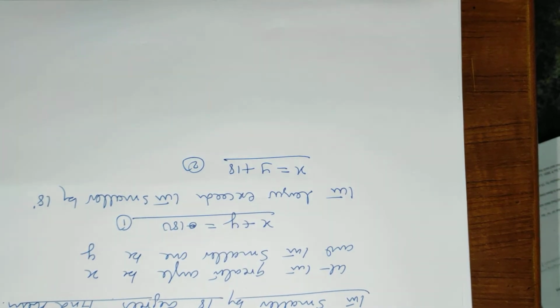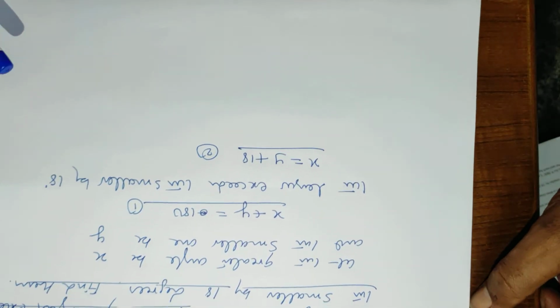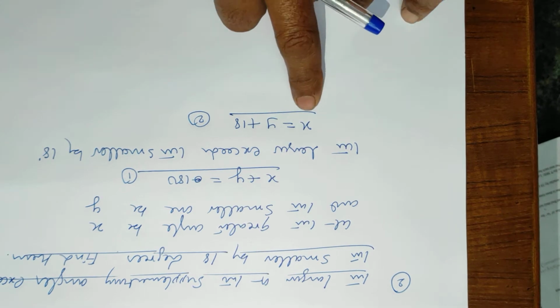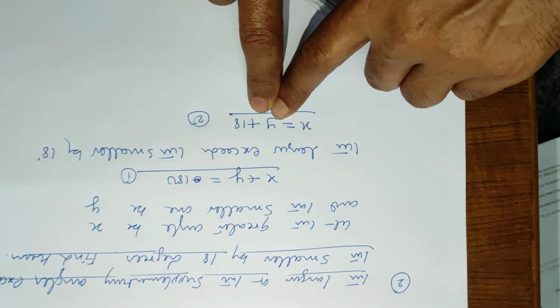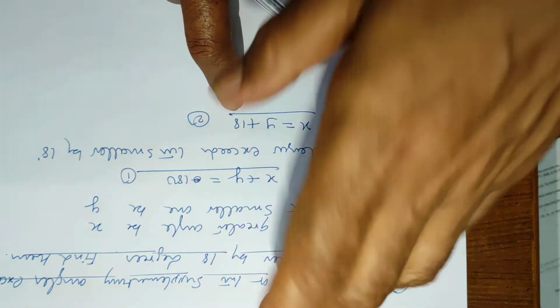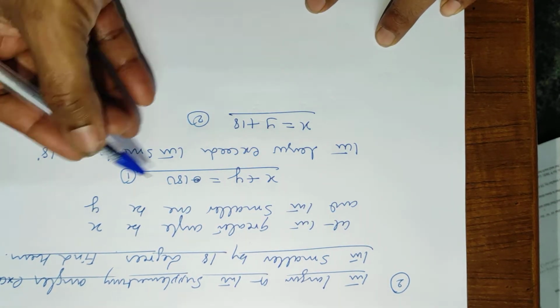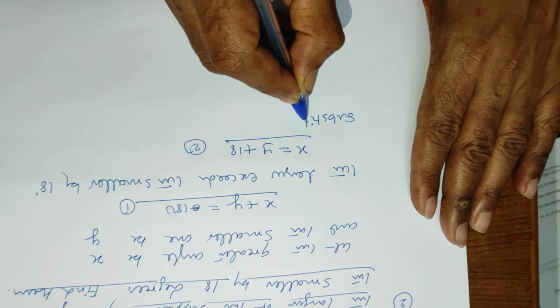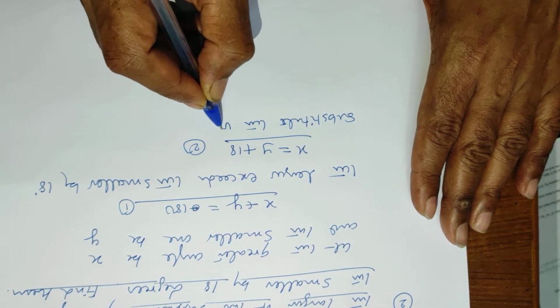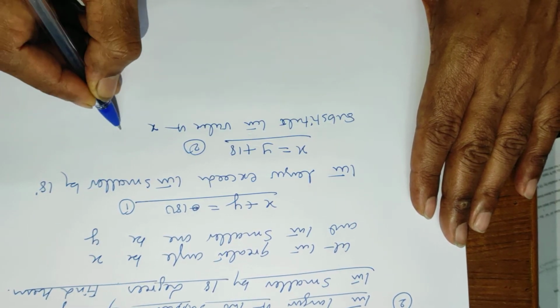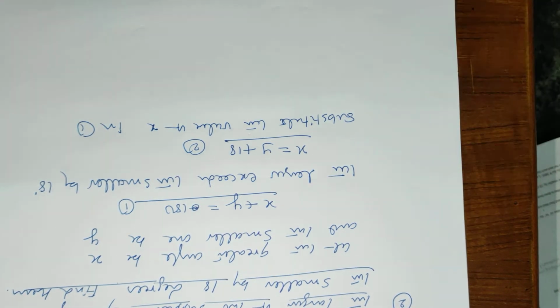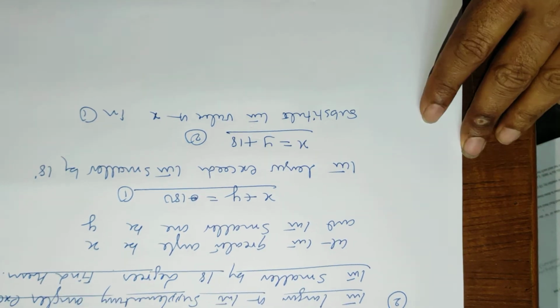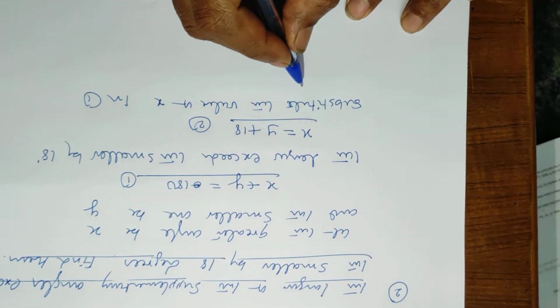So here also directly it is given the value of one variable expressed in terms of another. Directly you can substitute 2 in 1. So substitute the value of X in 1, you will get a linear equation in one variable.